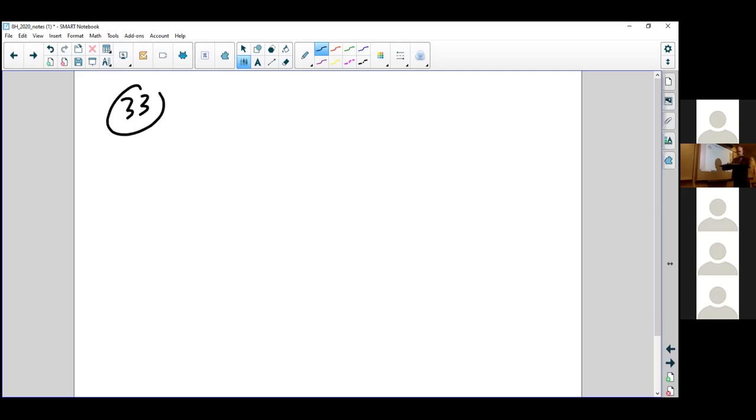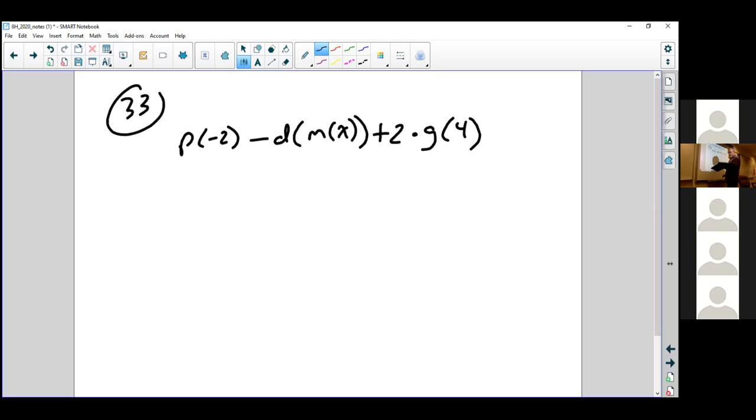Okay. So they would like us to do P at -2 minus D at M at X plus 2 times G at 4. Ooh, that's got a leg extra to it. So up above, I have P at X is equal to 3x minus 1.